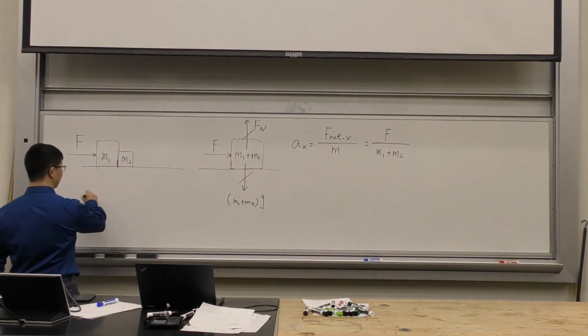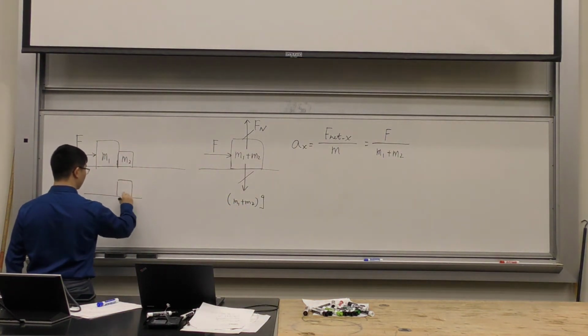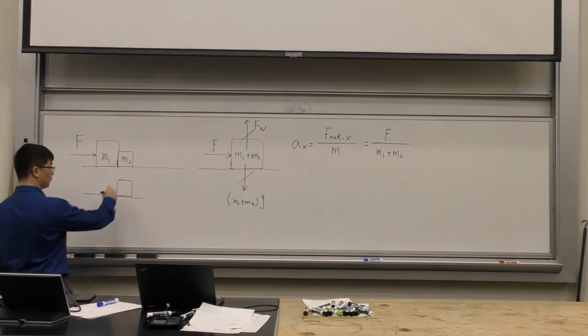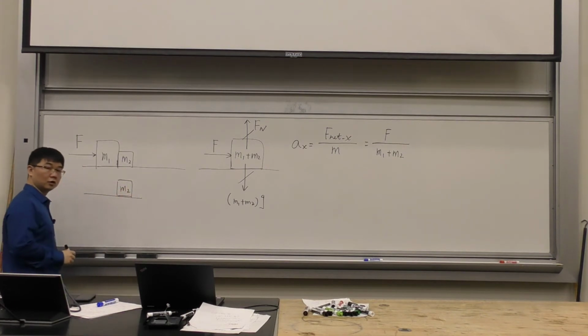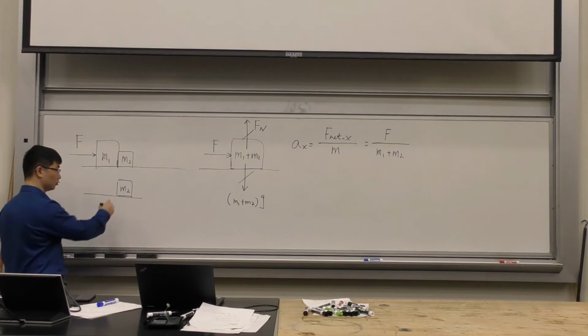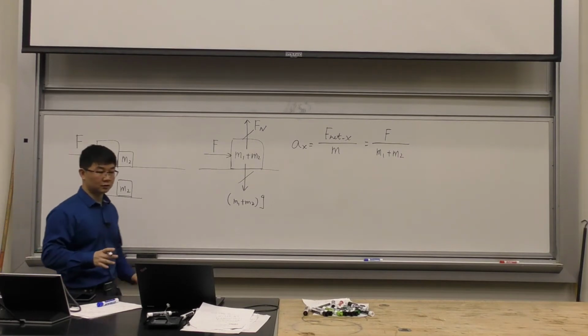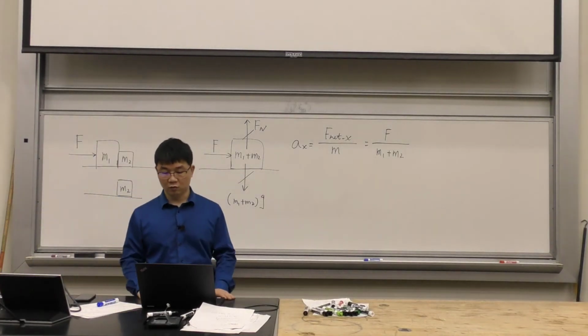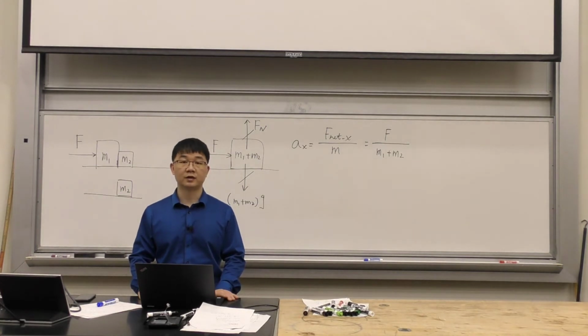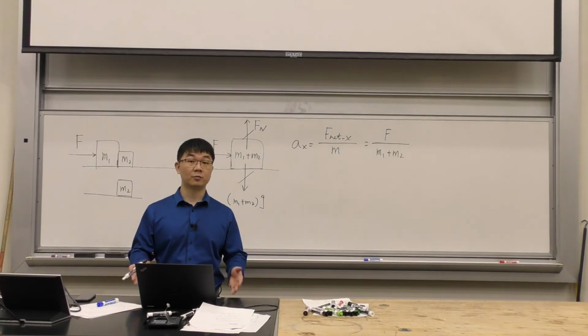Let's draw a free body diagram of M2. So this is a free body diagram of M2. I'm going to isolate M2 and draw all the forces on M2. Again, the first force I always draw, if I'm drawing a free body diagram, is gravity, because gravity is always there, right? And I don't want to miss that.